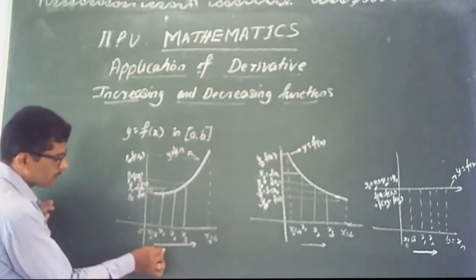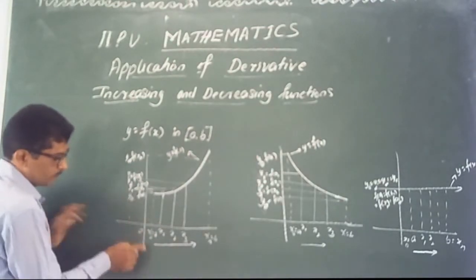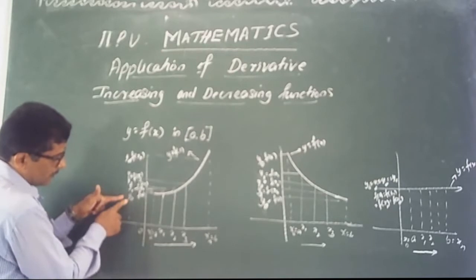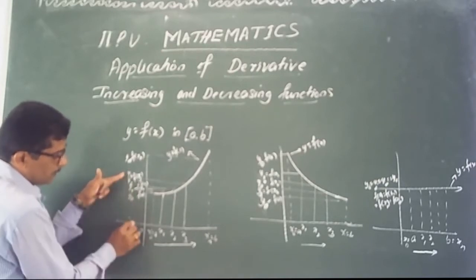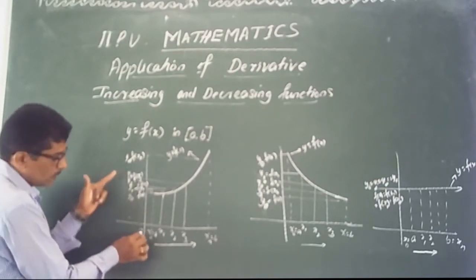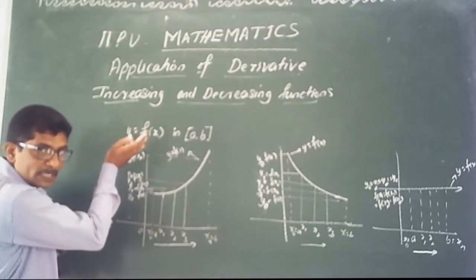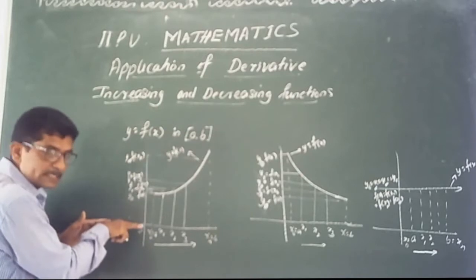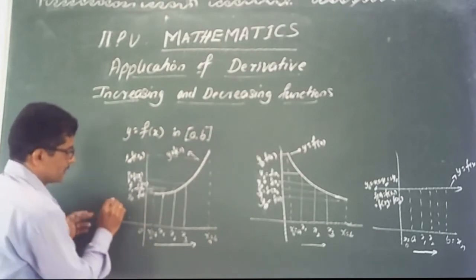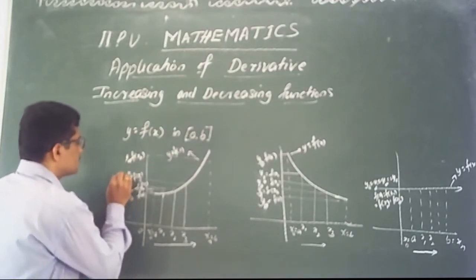It means as x increases, the value of y: first y0, y1, y2, y3. Here you know that above the x-axis the y values increase, below the x-axis the y values decrease. Here you can say that y is also increasing.